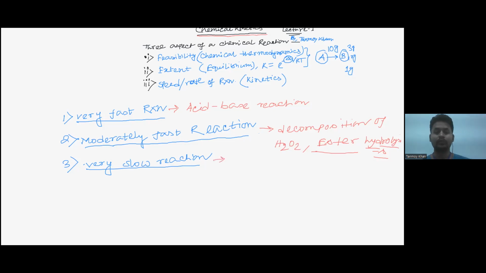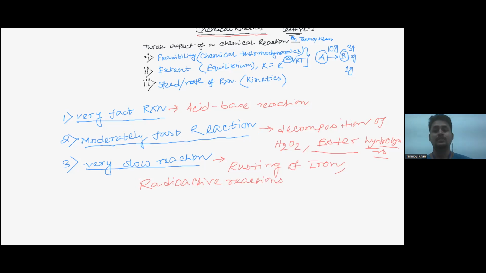Now very slow, everyone has seen that. What is that? Rusting of iron, right? Very simple. If you just throw one piece of iron outside of your home, after some days you will see some rusting, correct? If you think about radioactive reactions, these are also very slow reactions because they take much longer time.